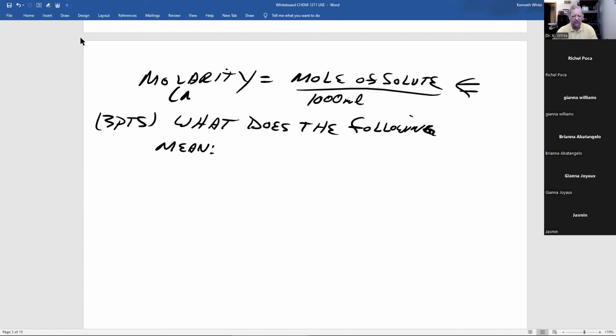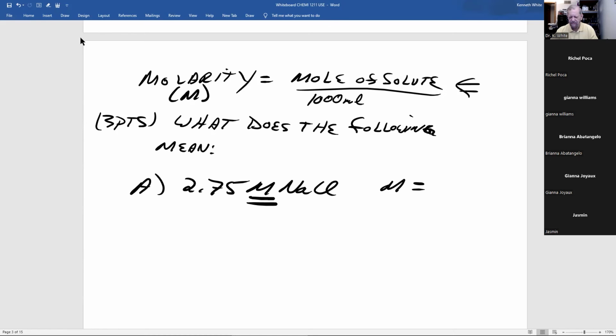Remember, molarity is abbreviated by capital M. And if you were asked for 3 points, what does the following mean? And you see 2.75 capital M NaCl. As soon as you see capital M, that's molarity.